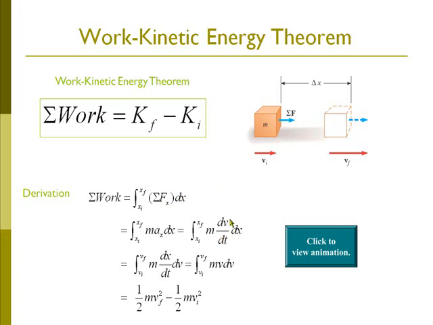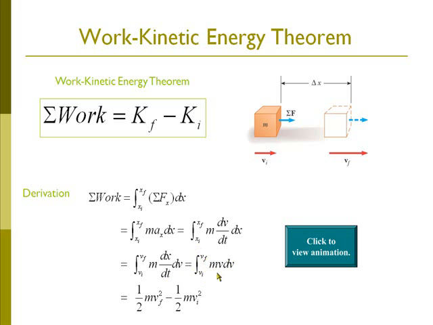We write a as the derivative of velocity v with respect to t. We rearrange the terms so that we place dx over dt and dv as now the variation in the integral. So now we have an integral of m v dv as the object moves with an initial speed v initial to a final v final.